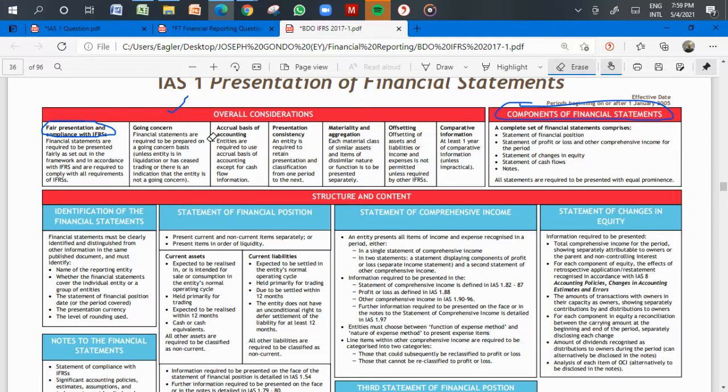You are going to present your financial statements at realizable value. So if it is PPE, you are no longer going to say cost minus accumulated depreciation minus accumulated impairment, but rather you are going to look at the amount that you would get when you sell the asset now. That's the amount you are going to disclose because the company is not a going concern.